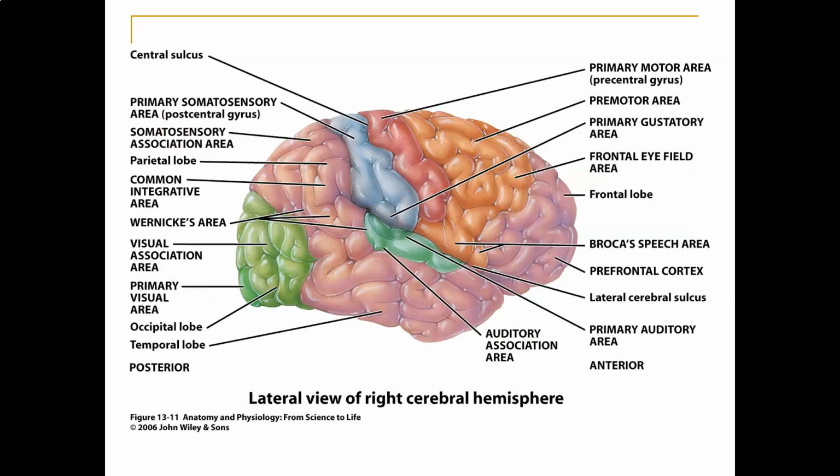All right, so let's talk about the function of the cerebrum. The fiber tracts we just covered are mainly carrying action potentials from one place to another. So for communication, they're sort of like the highways of the central nervous system.